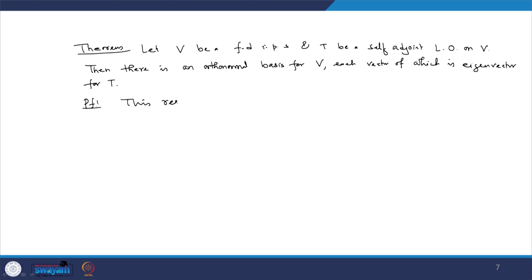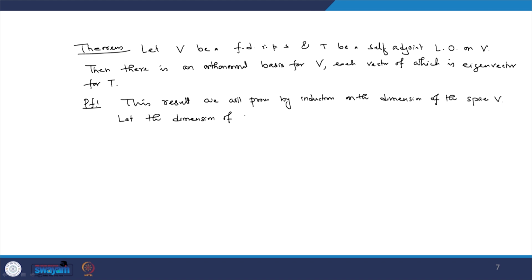This result will be proved by induction on the dimension of the space V. Let the dimension of V be n, which is strictly greater than 0.